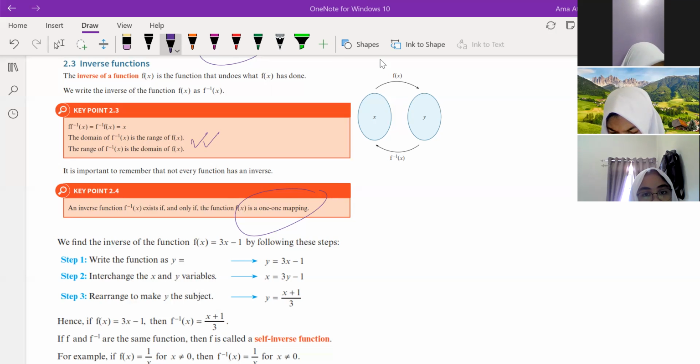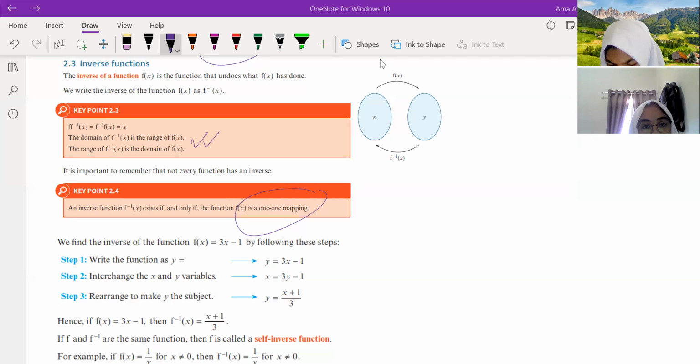How to find the inverse of the functions? Let me explain to you step by step. This is a simple example, a linear one. First, we need to write the function as y.